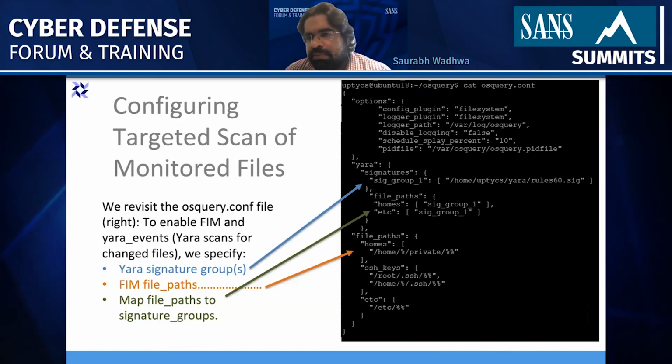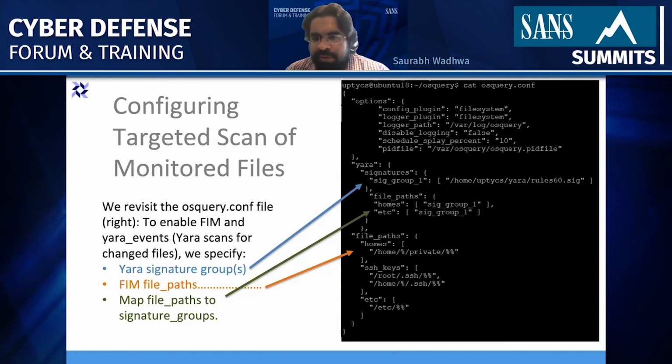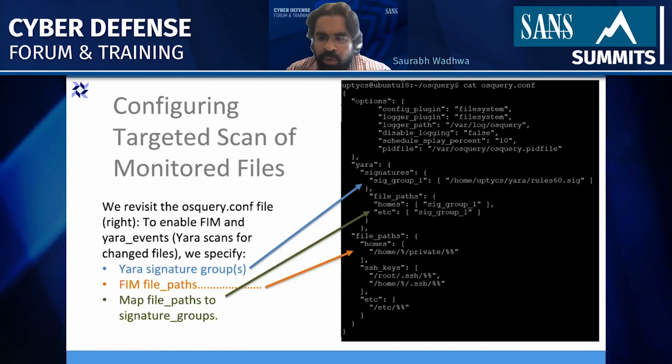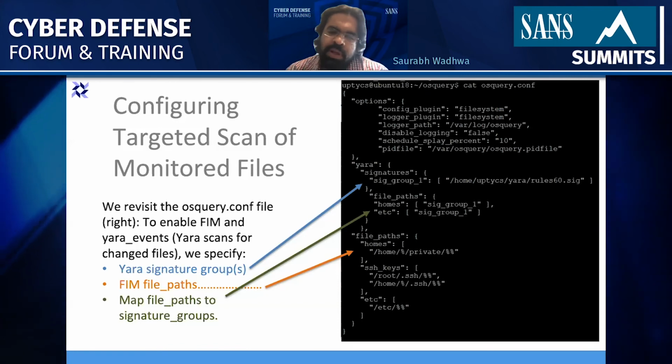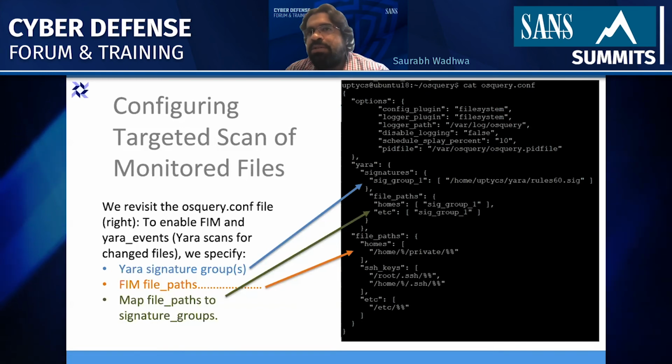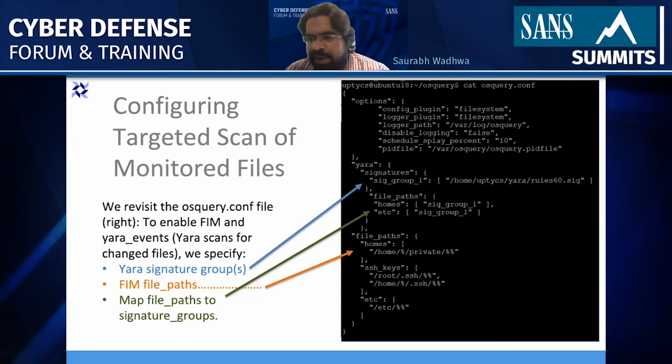In this image, it would be more clear how things work. In case of FIM, file integrity monitoring, we have specified three folders we want to monitor. One is homes, which consists of home, percentage meaning any user, then private, if any of the users has a directory private, and percentage meaning all the recursively occurring directories and subdirectories.